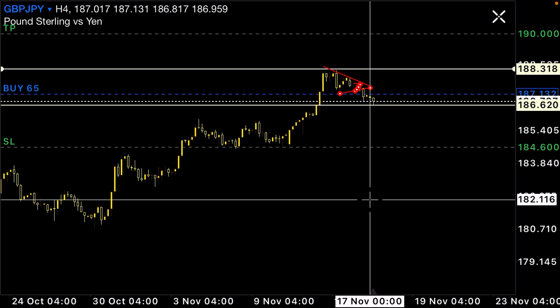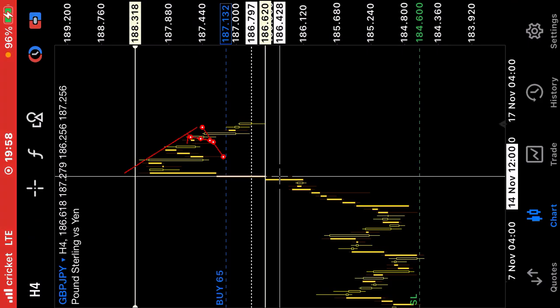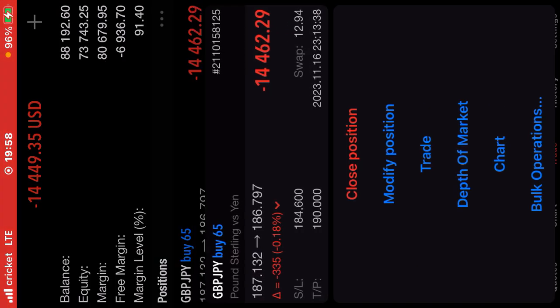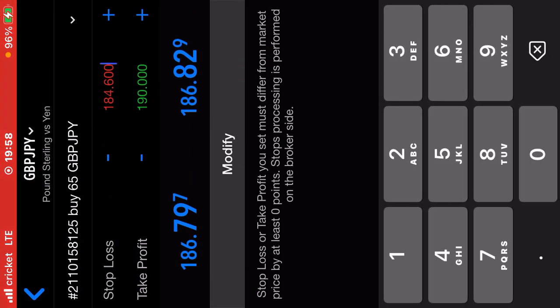So I'm gonna go back, modify position, and then go back up there. Set it back to around, I think it was 160.000.